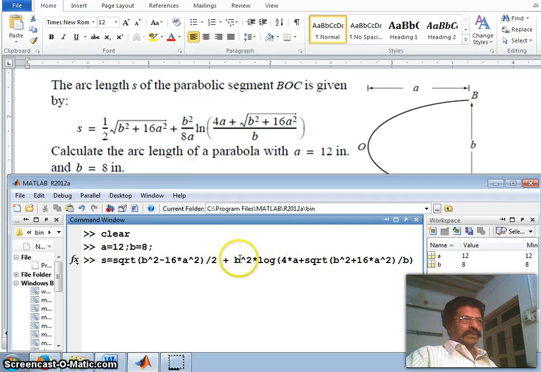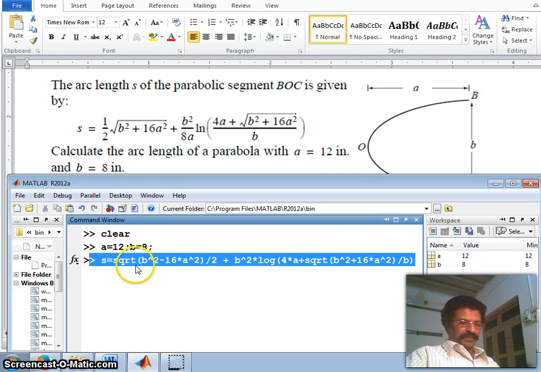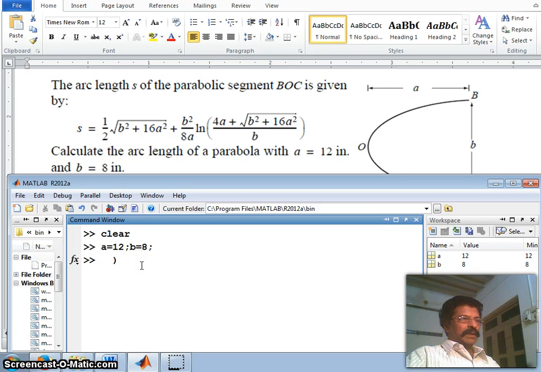Alright, so it looks a little complicated, therefore what I will do is skip this one. Let us calculate in terms of two terms. So first I will calculate term 1. T1 is equal to square root of, sqrt of B power 2 plus 16 multiplied by A square, and this square root is divided by 2.